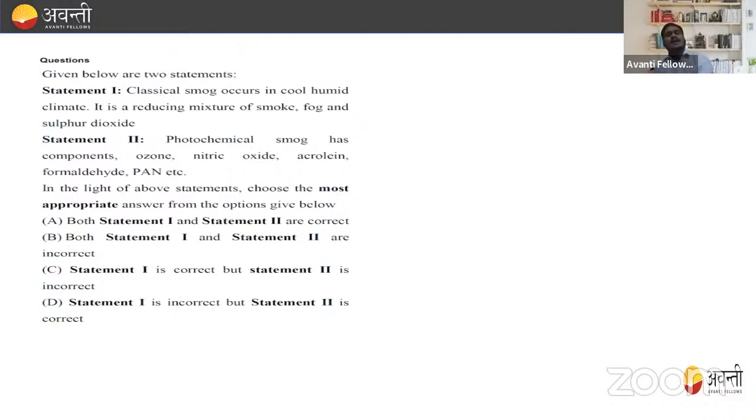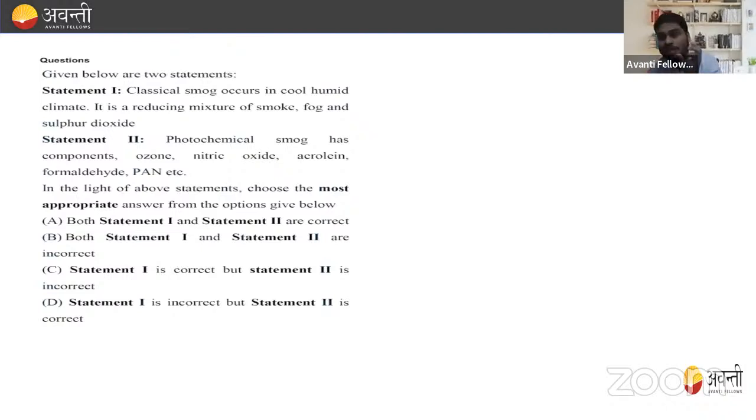What does it state? Classical smoke occurs in a cool, humid climate, and it is a reducing mixture of smoke, fog, and sulfur dioxide. Is it correct? Yes, definitely it will be correct. Why? Because classical smoke occurs in a cool climate, as I already discussed.